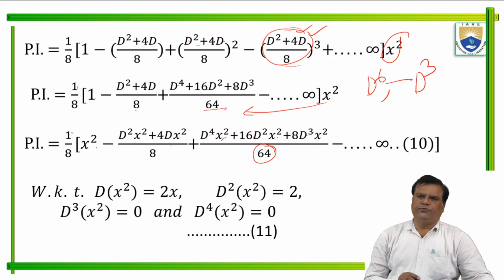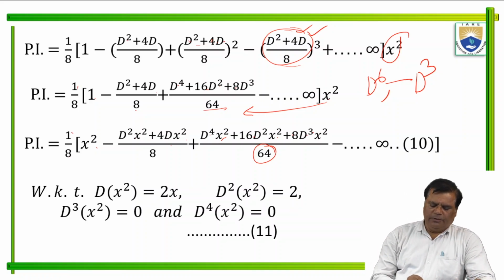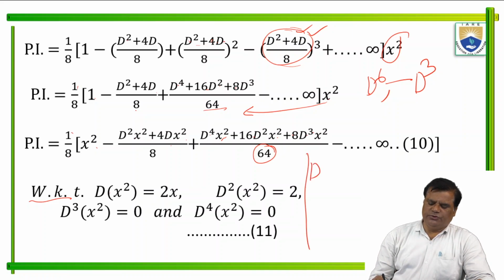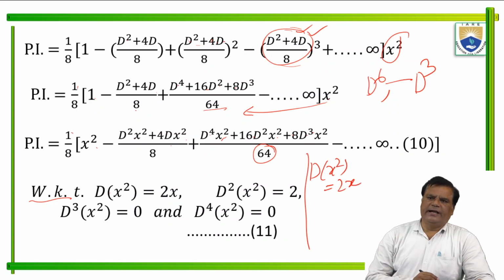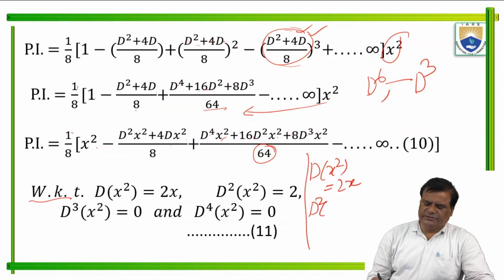Now we know what D of x square is. D of x square is 2x, one time differential of x square. D square of x square means 2 times the differential of x square, that is 2.